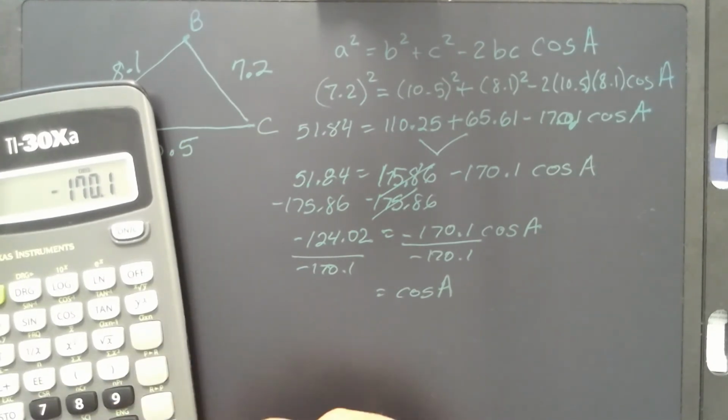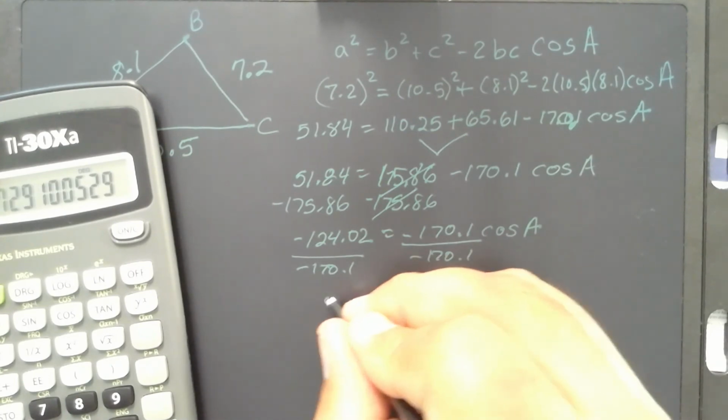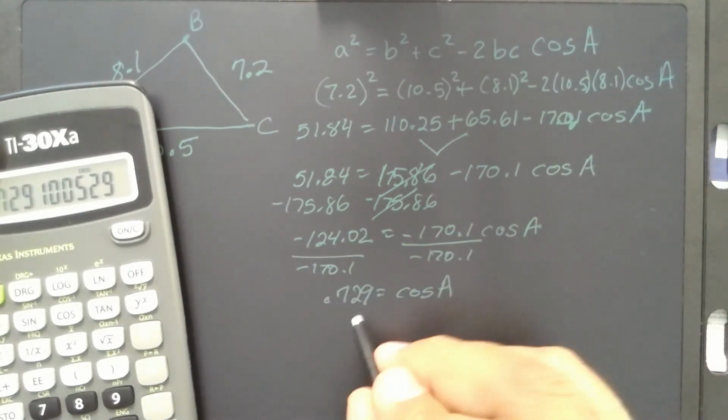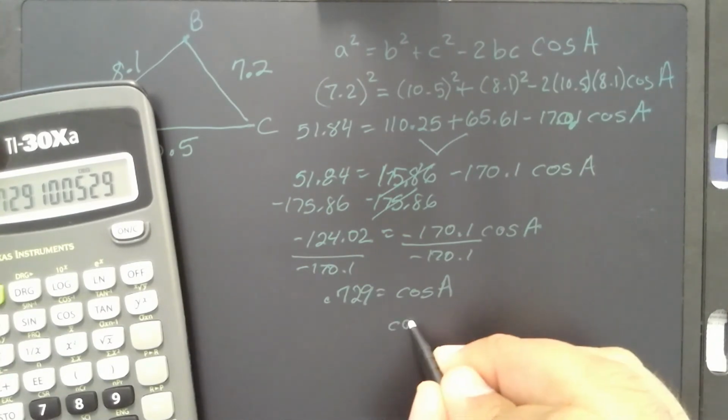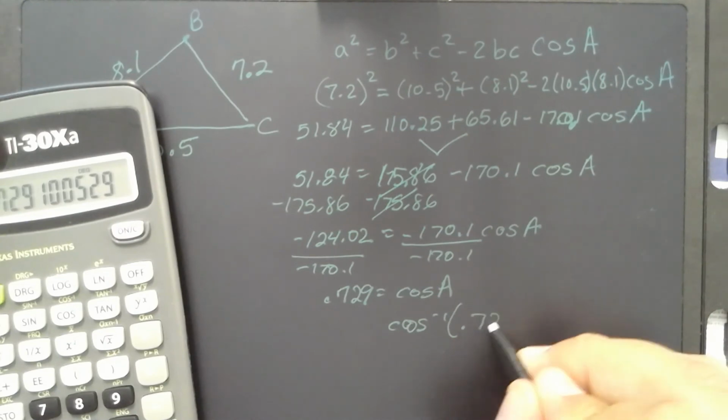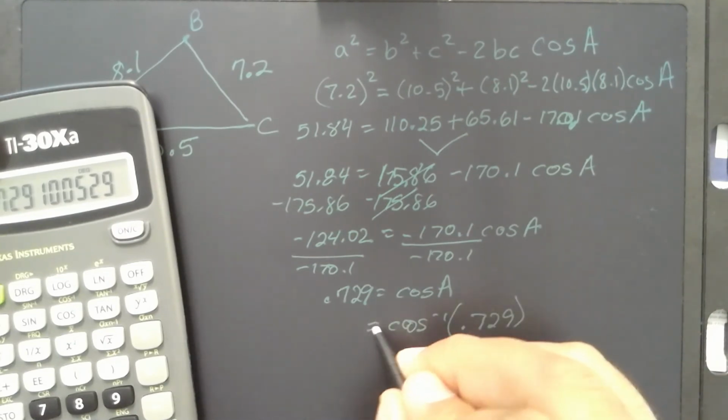This will give me 0.7291. So I'll take cosine negative 1 of 0.729, which is equal to A.